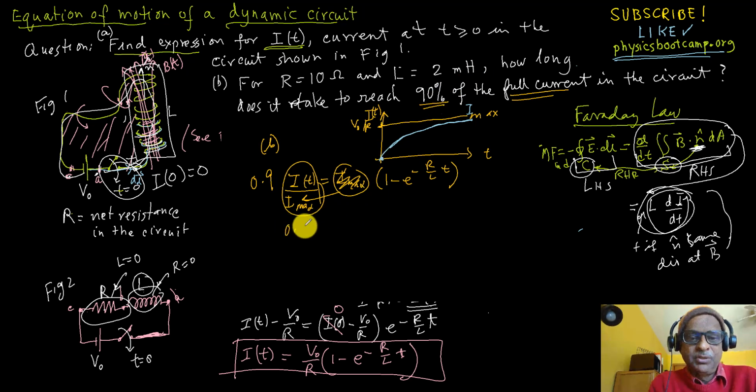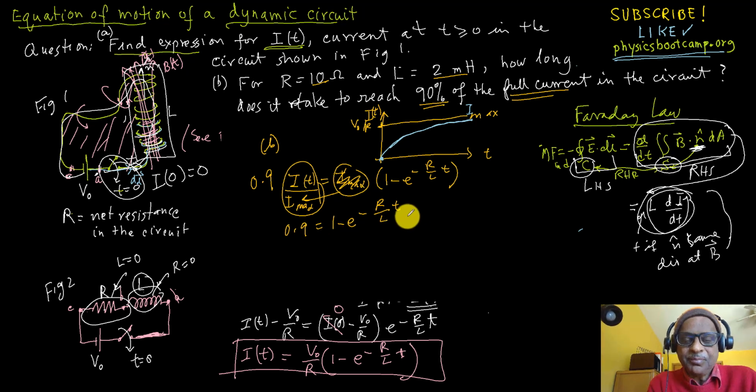So you have 0.9 equals 1 minus e to the minus R over L t. R is 10, so I'll put the numbers in later. And how to solve for t? You bring this to the other side. So e to the minus R over L t equals 1 minus 0.9, which is 0.1.